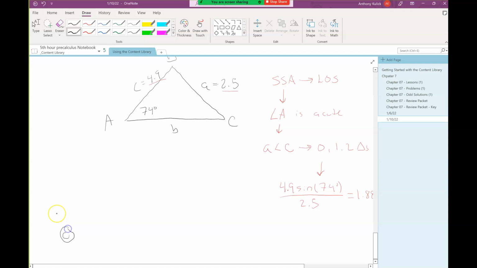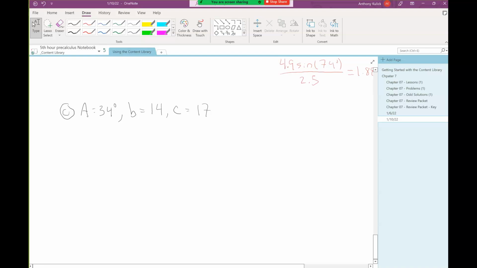I think we're on c now. Okay. Well, let's draw our picture. I think at this point it's pretty obvious that the labels should be A, B, and C. Name our sides using the naming convention we've been using.